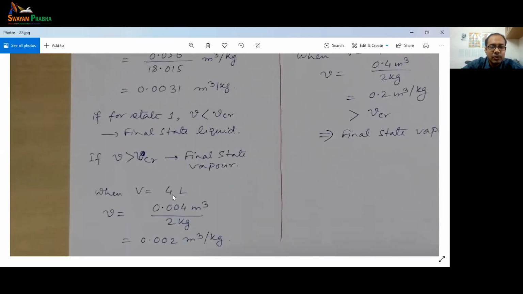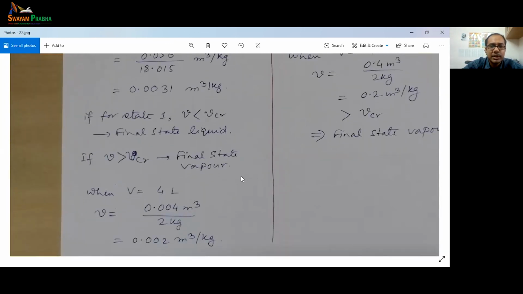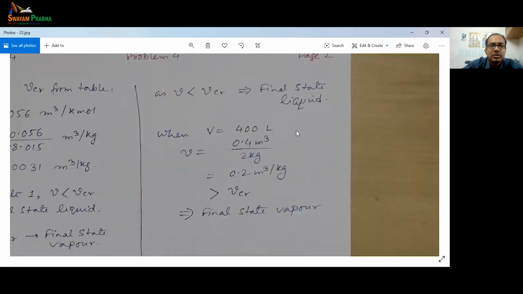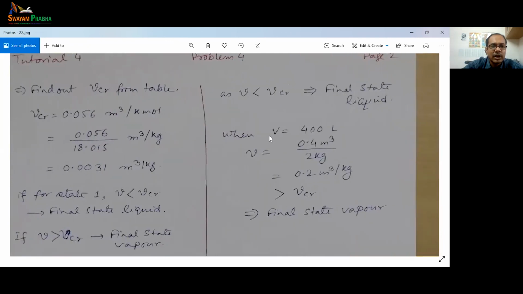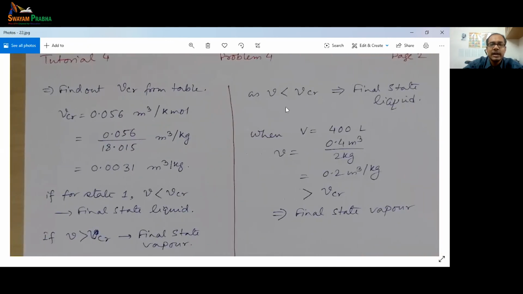If the tank volume is 4 liter, that is equivalent to 0.004 meter cube, and the water amount is given to be 2 kilogram. So the specific volume is 0.002 meter cube per kilogram. Okay, so 0.002 is less than what we have just found, 0.0031, right?